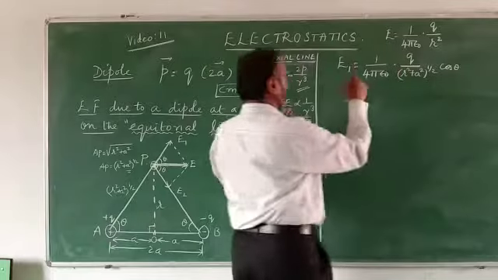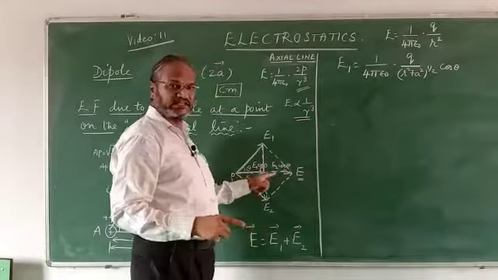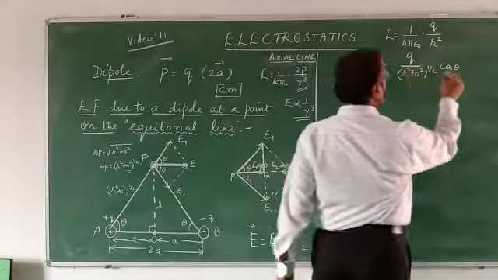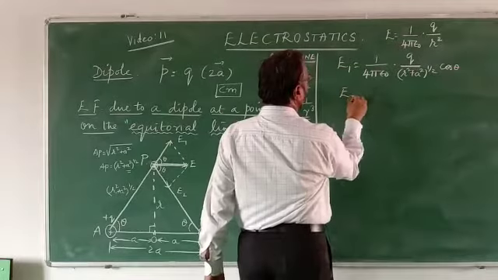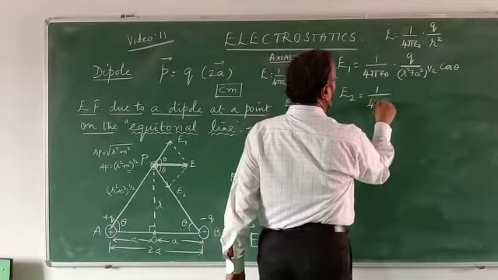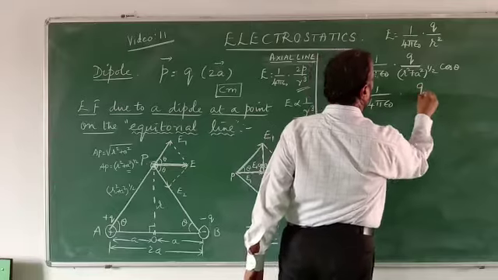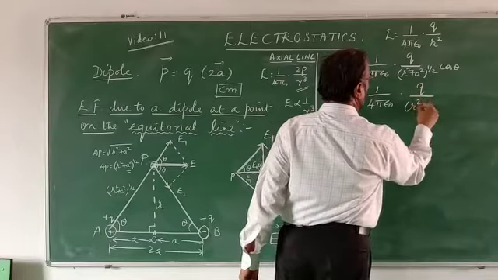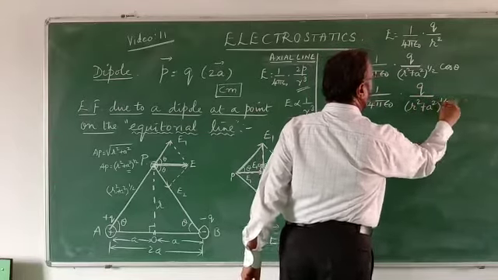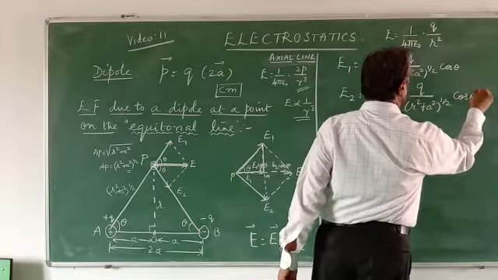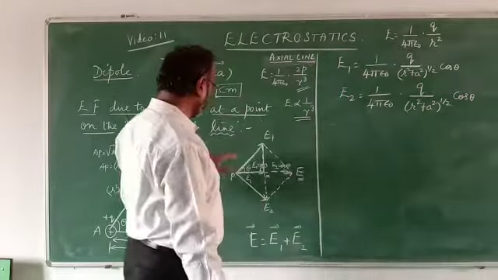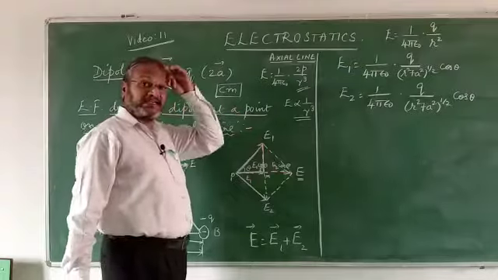So that is E1 cos theta. Similarly, E2 is equal to 1 upon 4 pi epsilon naught into q upon r square plus a square power half into cos theta. Fine. So these are the two values. We are going to now add them together.